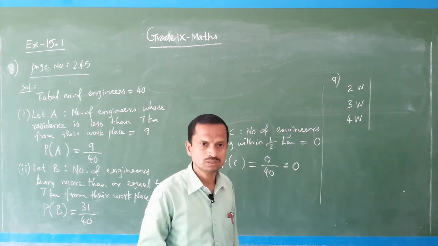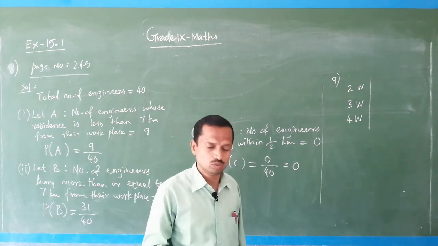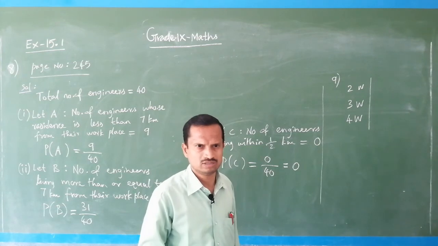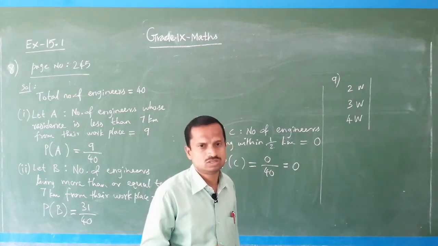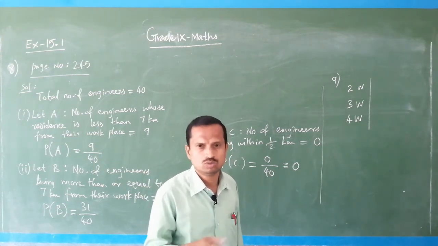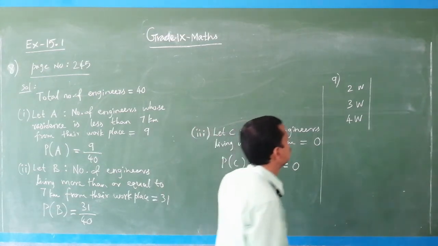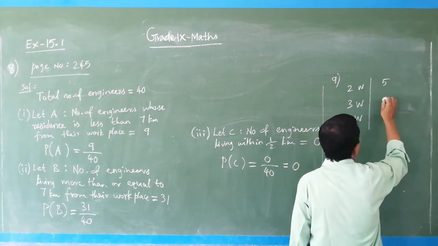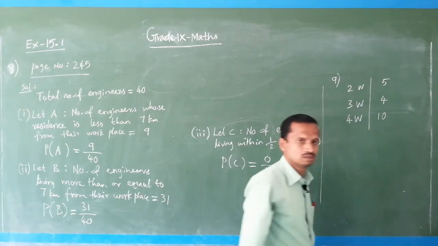In that 1 hour interval, you go and sit in your balcony or at the gate side of your home, and see how many 2-wheelers, 3-wheelers or 4-wheelers pass through your street, and you have to count. For example, 2-wheeler some 5, 3-wheeler some 4 and 4-wheeler some 10.